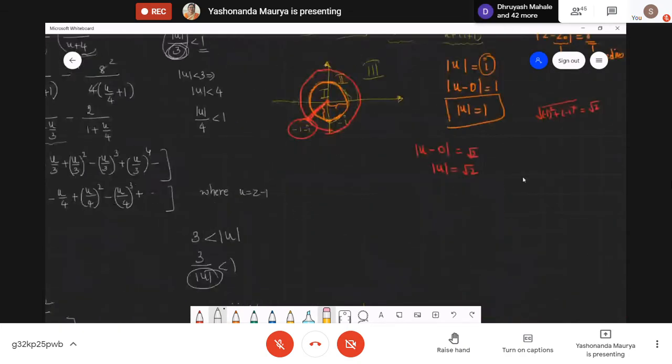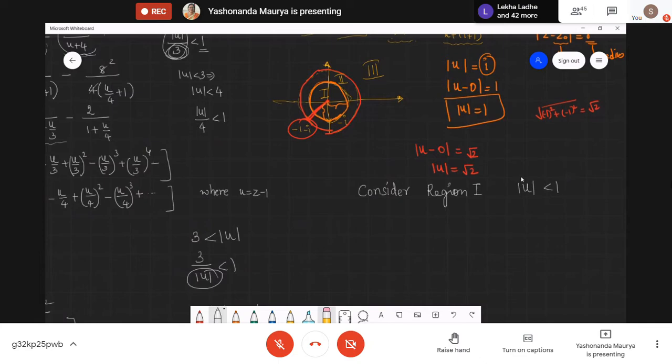Okay, so consider region number 1. What is that region? The innermost circle, that is mod of u is less than 1.